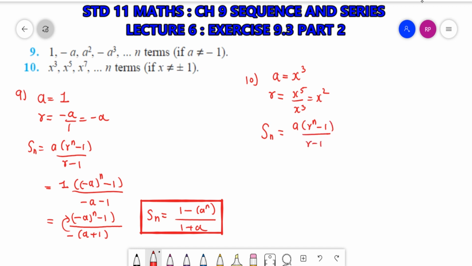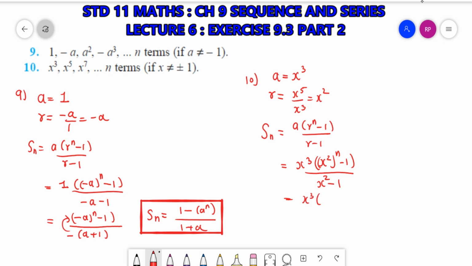Okay, so this will be equal to a, that is x cube, times r raised to n, that is x square whole raised to n minus 1 upon x square minus 1.